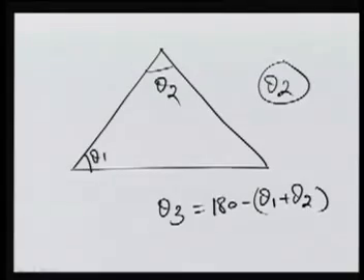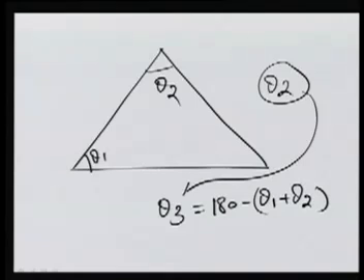But the problem with this is, if theta 2 has some error, a very large error. Errors are always there, but a very large error is there. This large error will also creep into theta 3. We don't have any method of checking that.